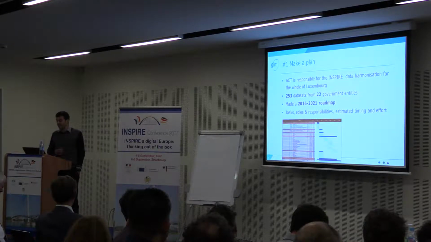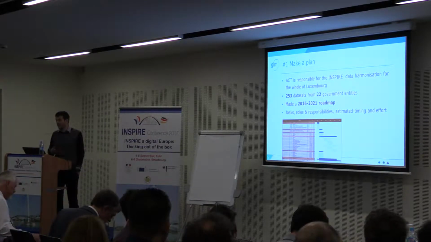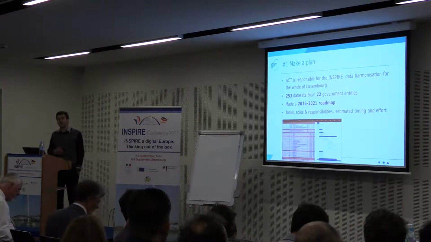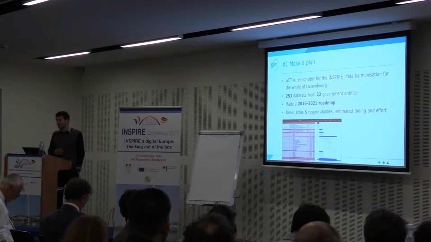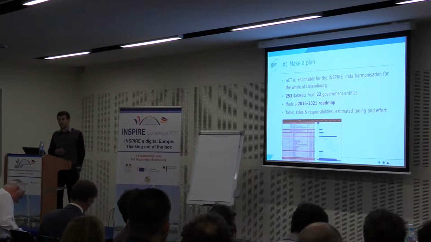So the ACT, in the beginning of 2016, asked us to make a plan, a 5-year roadmap, of what it would take for Luxembourg to actually meet the Inspire interoperability deadlines. They asked us to identify what needs to be done, who needs to do it, and what would be the effort required to do it.